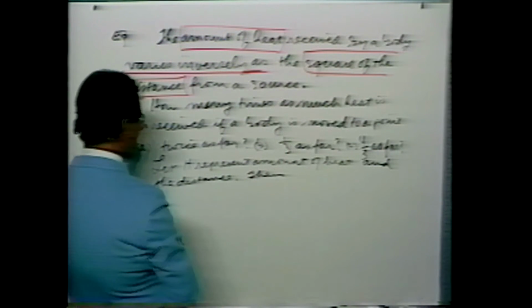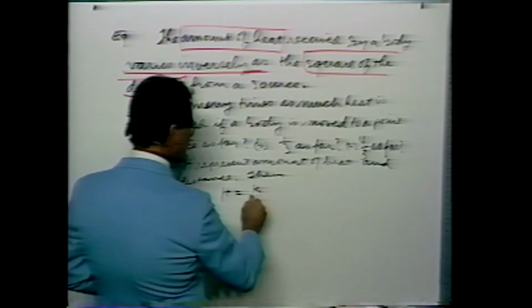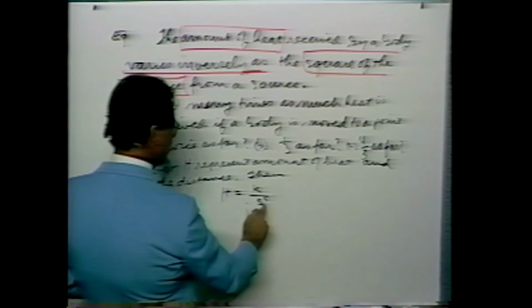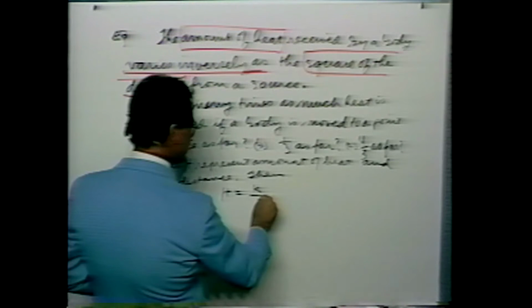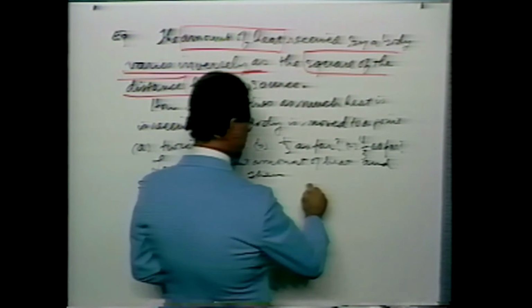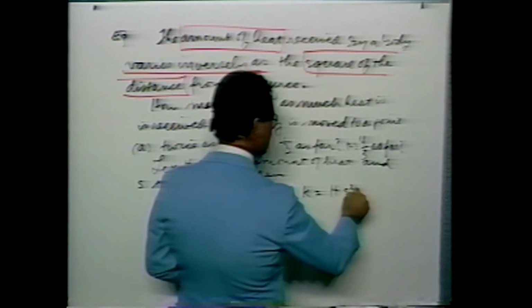Then the formula is H equals K over S squared, square of the distance, S squared. There's your formula. We must solve for K, and K is equal to H times S squared.